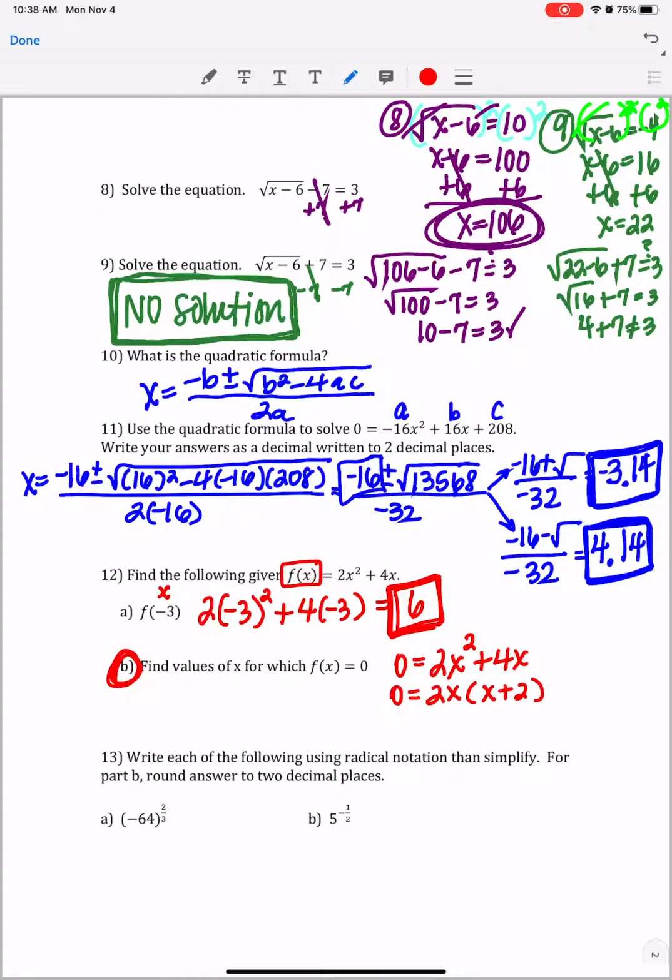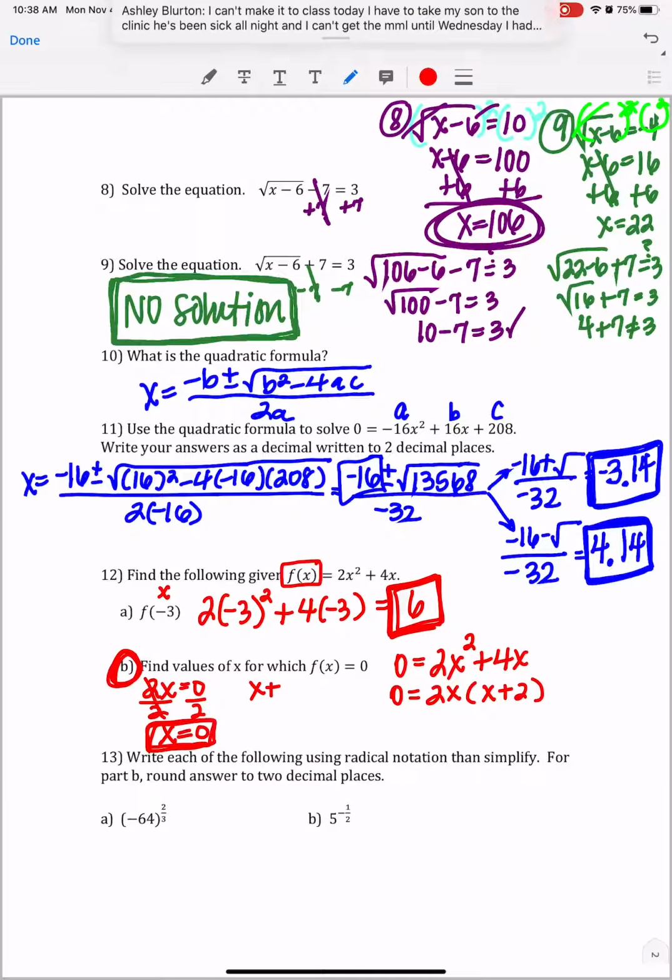So I'm going to have to kind of move over here. So I've got 2x equals 0. You just divide by 2, and my first answer is 0. 0 divided by anything is 0. Then we'll take what's in parentheses, x plus 2, and set that equal to 0.